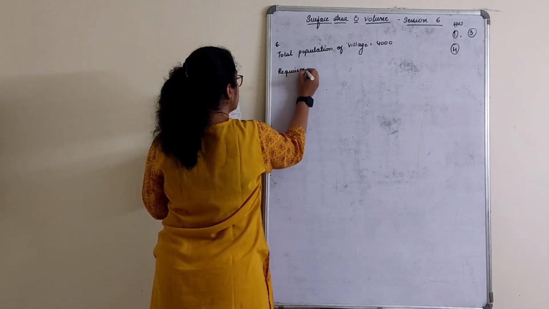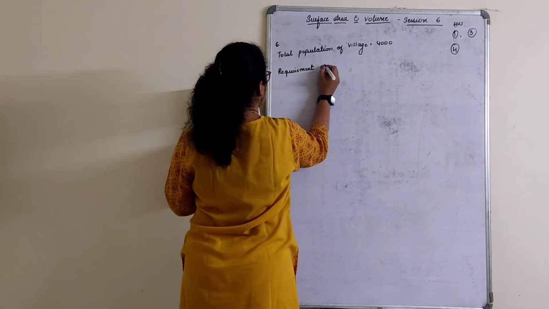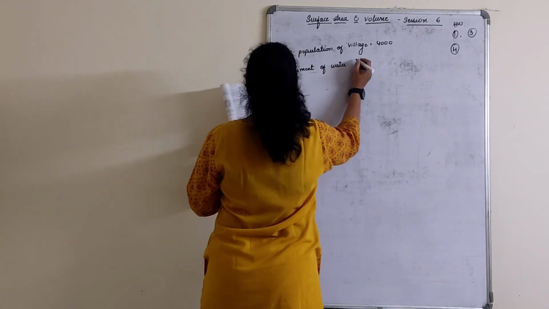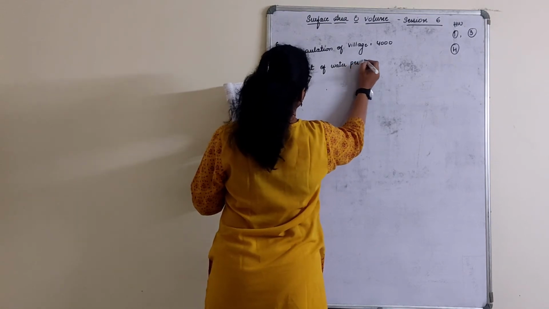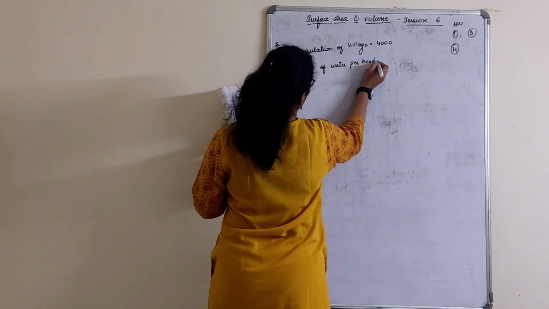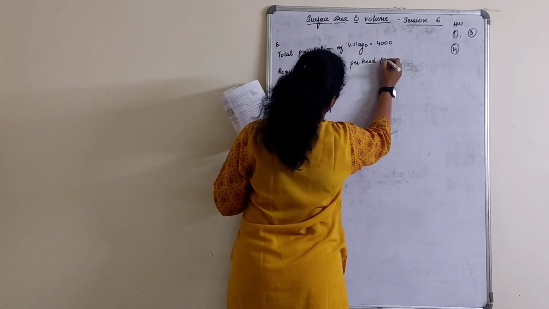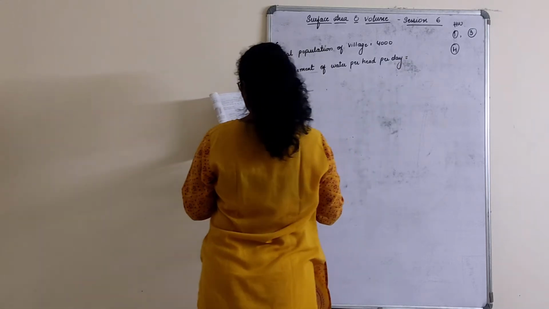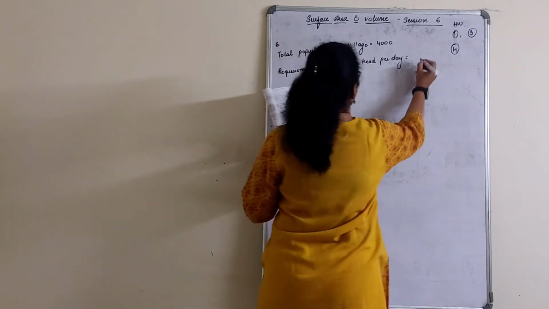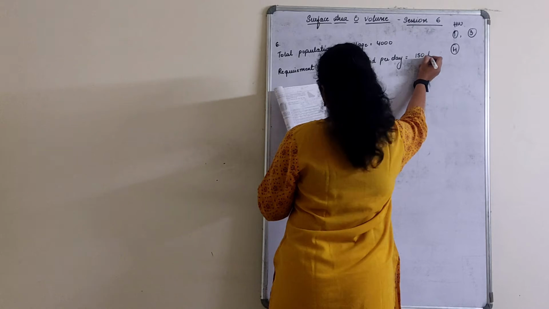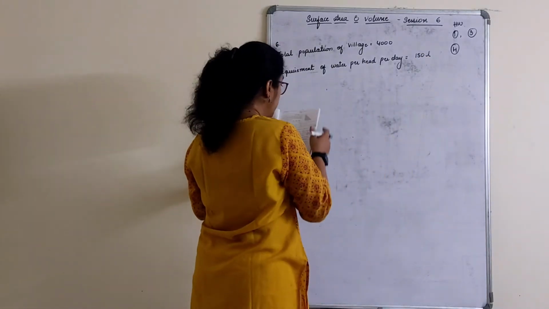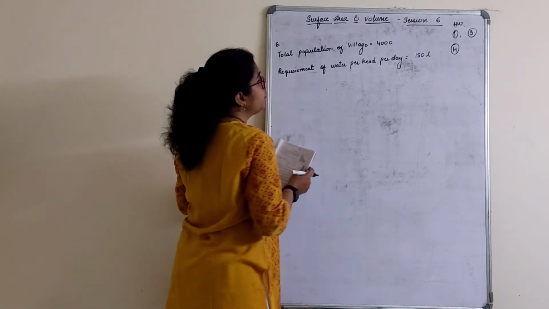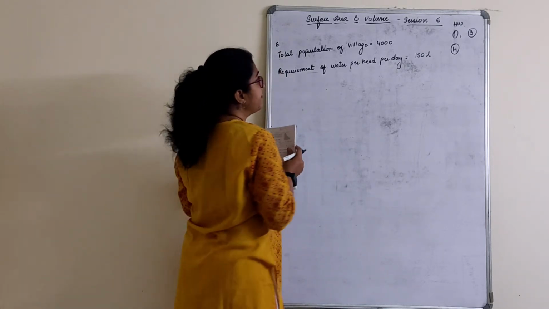Requirement of water per head per day is, how much it is given? Require 150 liters. Okay, let that be liters only, later we'll convert it. So, requirement of water per head per day is 150 liter.